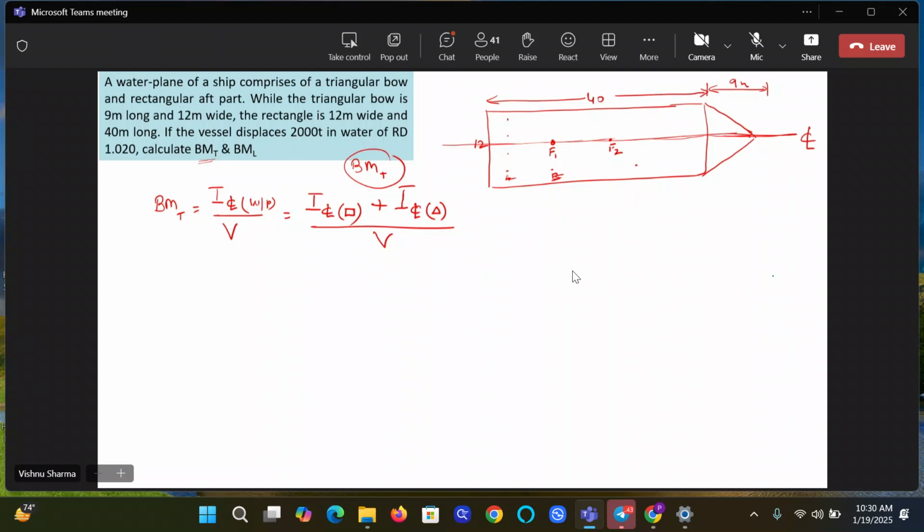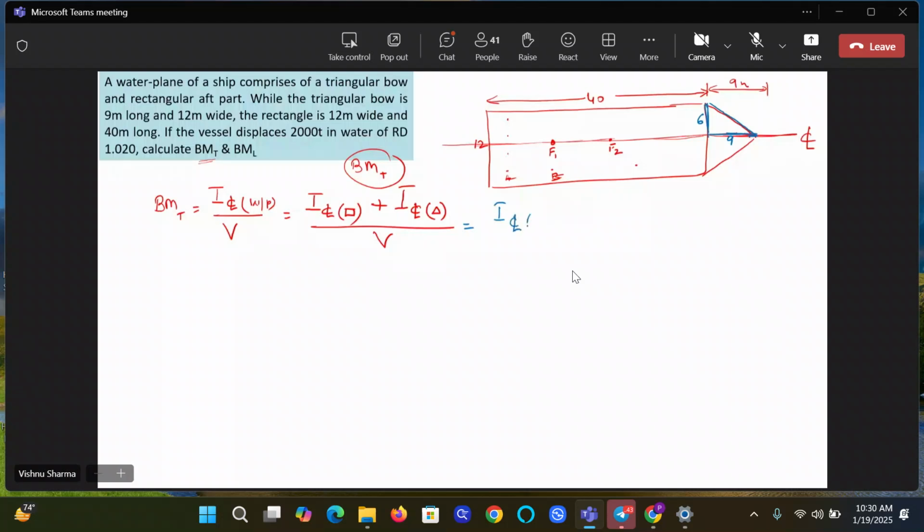Yes. So in such a case, what we can do is divide this into three areas. That means one is the rectangle, and we divide the triangle in two halves. Now in this triangle, this side is 9 meters, this side will be 6 meters, half of 12. Can I write it like this?